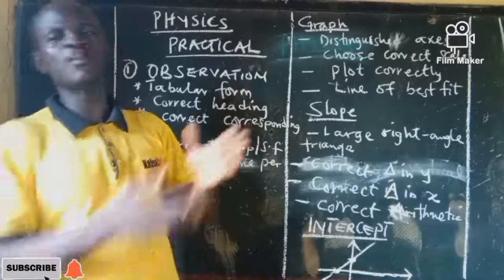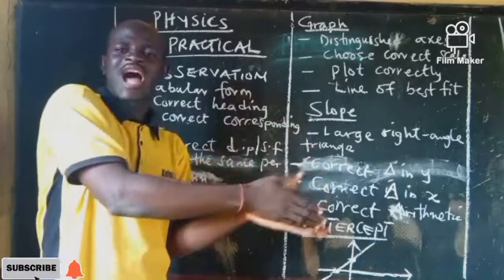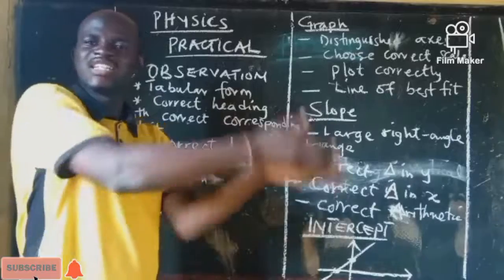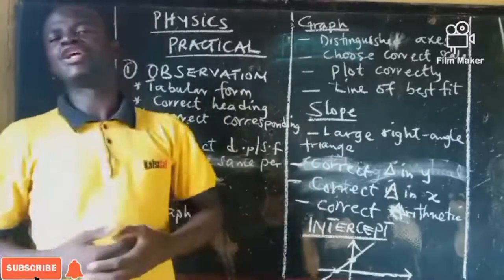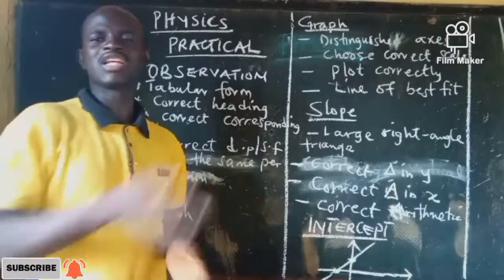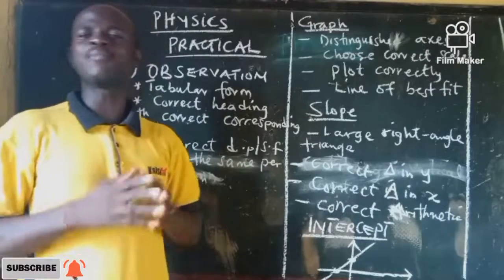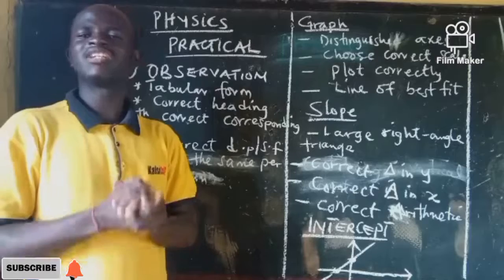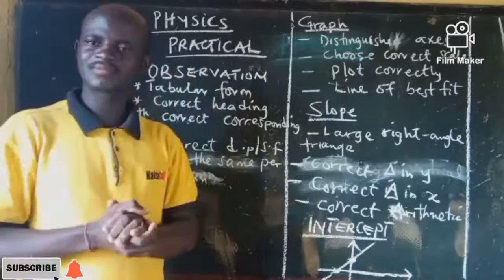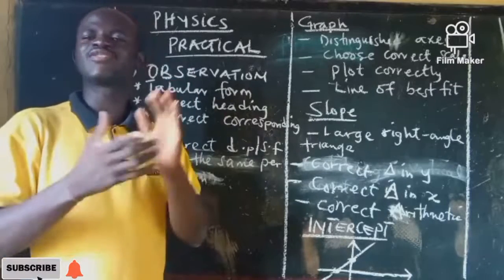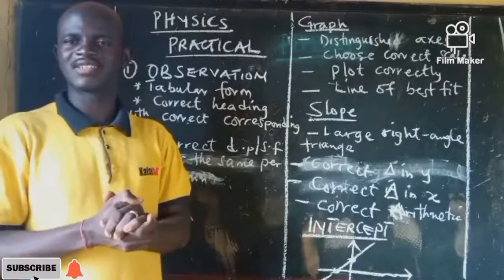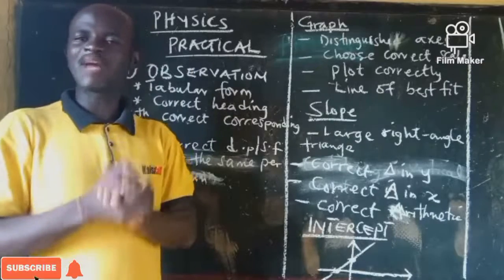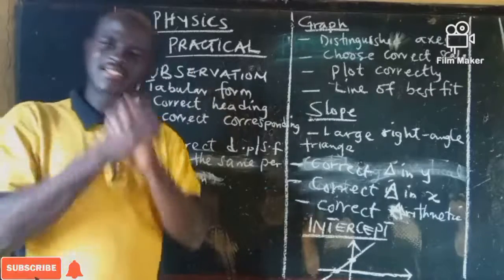Not that you put the correct heading as L and in the brackets you put a wrong unit, e.g. gram. The length of a thread is not measured in gram. The time taken is not measured in centimeter. The time taken is measured in seconds.